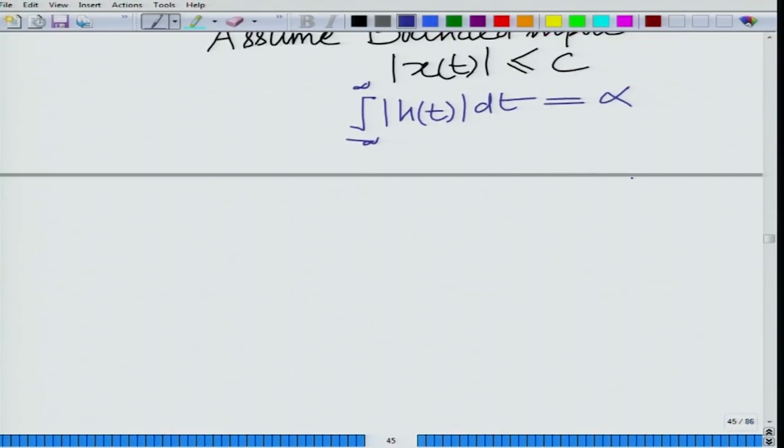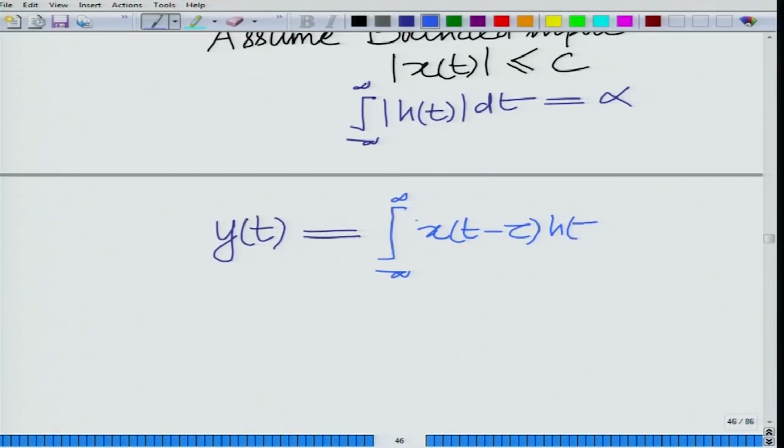Now we have to show that the output is bounded. Recall that the output for any arbitrary input signal x t is given in terms of the impulse response as the integral of x t minus tau h of tau d tau. Therefore, let us look at the magnitude y of t.